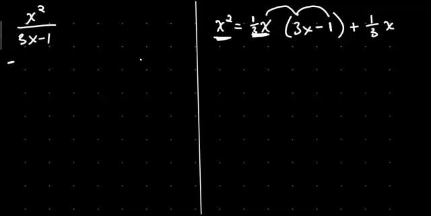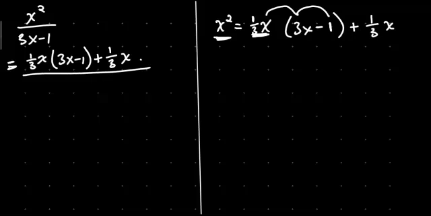So here, instead of writing x squared, I want to rewrite that as 1/3 x times 3x minus 1 plus 1/3 x, and that rewrites my whole numerator, divided by 3x minus 1.